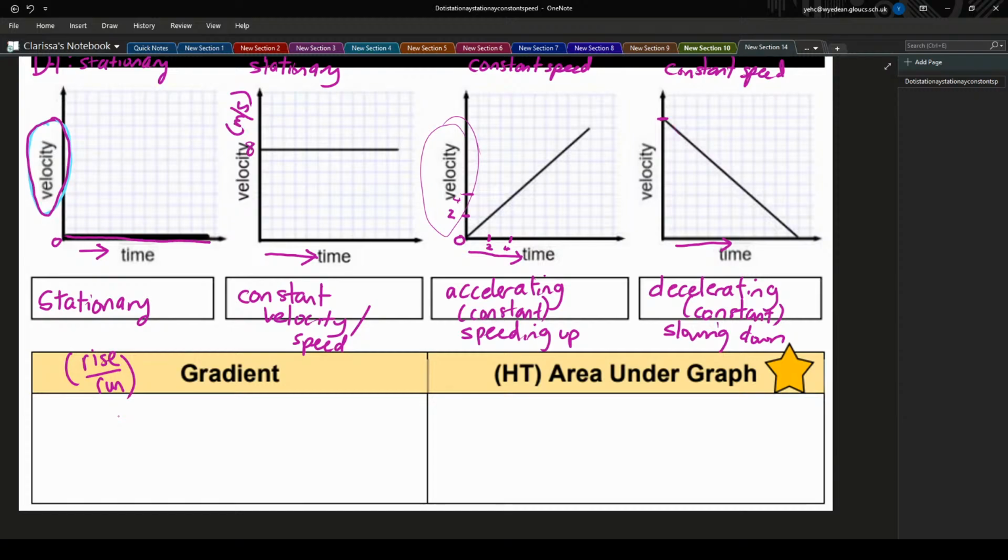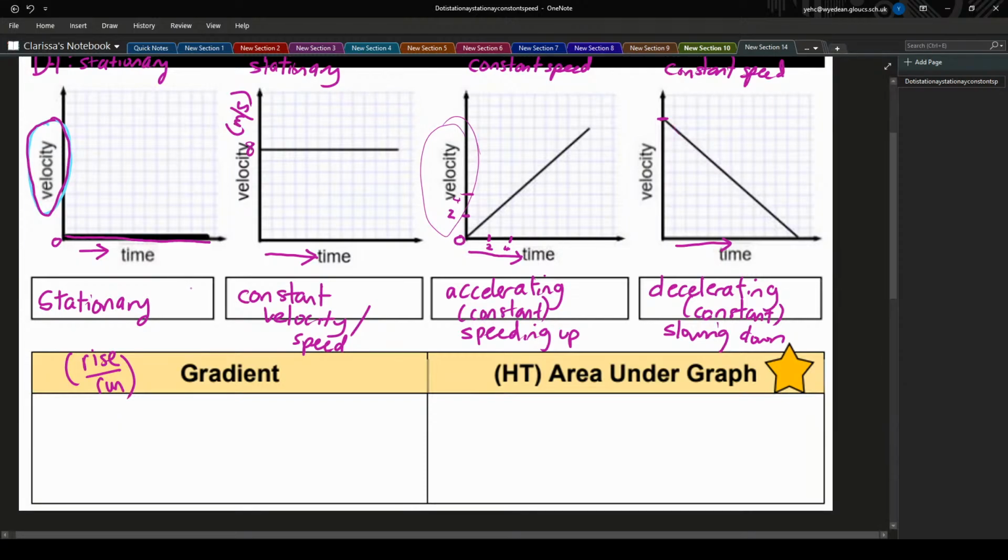And based off of the x-axis, how fast is it going up? So the gradient is this slope here. For example, let's say we had 2 graphs and we had a graph like that versus something like that. This is a higher gradient and this is a lower gradient.